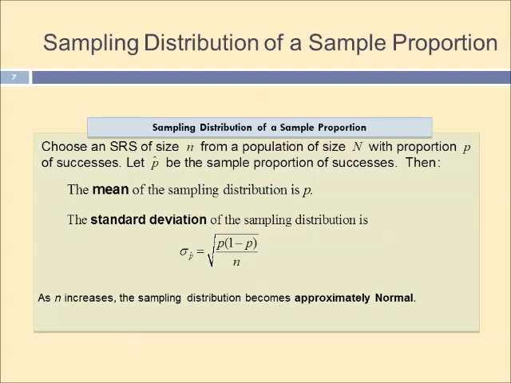The standard deviation of the sampling distribution is given by this formula, where we have the square root of the population proportion times 1 minus the proportion, over n. As n increases, the sampling distribution becomes approximately normal.